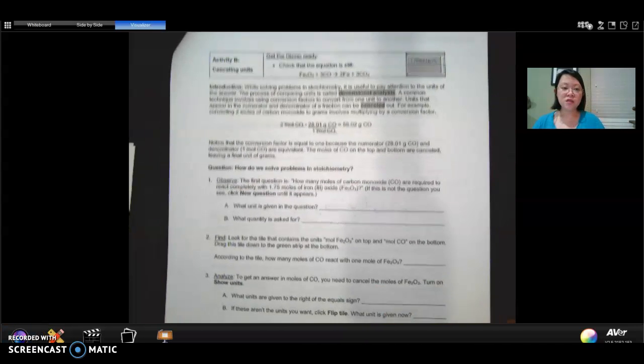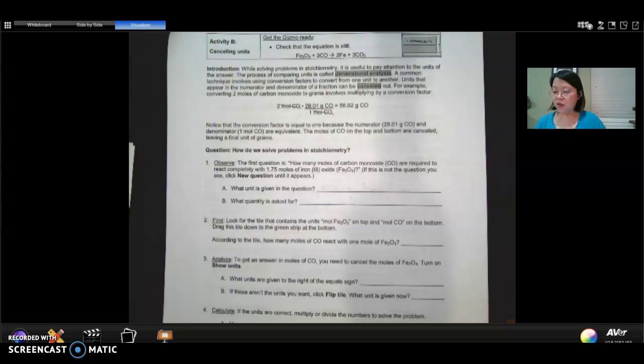We're going to move on to activity B. So, canceling units. When we are doing dimensional analysis, we set up the units and substances to be stacked diagonally with each other. And this has to do with information appearing in the top or the numerator and the bottom or denominator of a fraction.